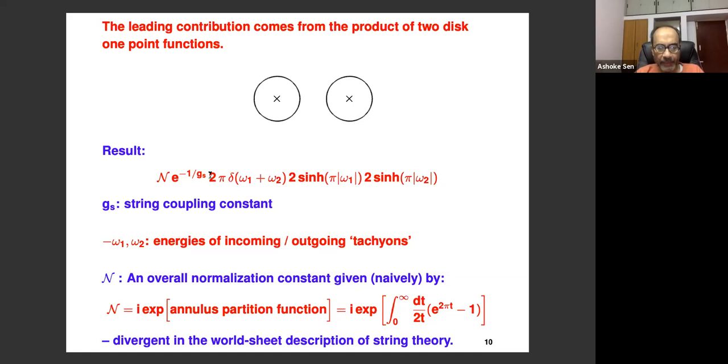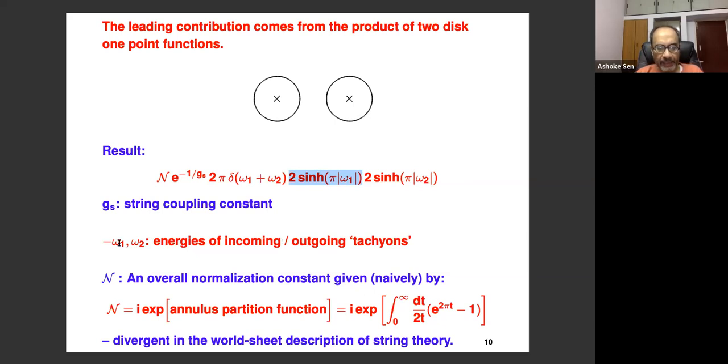This 2 pi delta of omega 1 plus omega 2, I'll have more to say about this later. But for now, just think of this as the energy conserving delta function. This, as we'll see, doesn't quite come from this diagram, but comes from something else. Then you have these two factors of 2 sinh pi omega 1 and 2 sinh pi omega 2. Omega 1 and omega 2 are the energies of the incoming and outgoing tachyons.